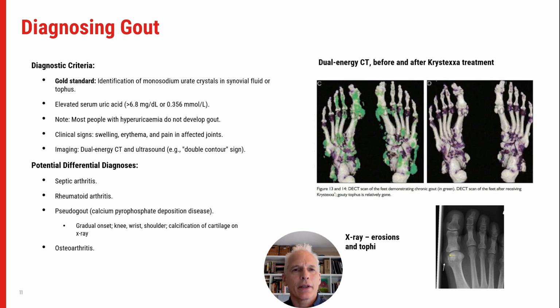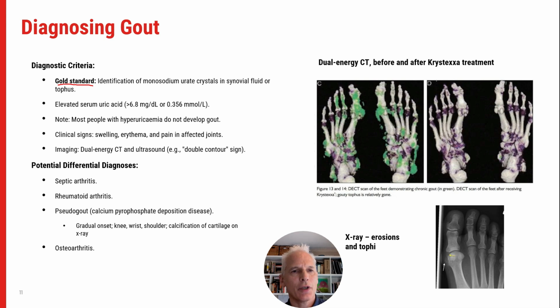So in order to diagnose gout, we have various ways of testing for it. The gold standard, and probably the most important thing to remember, is that in order to diagnose gout, you should ideally extract some synovial fluid from the joint and look at it under a microscope to identify the monosodium urate crystals. So that is the gold standard.